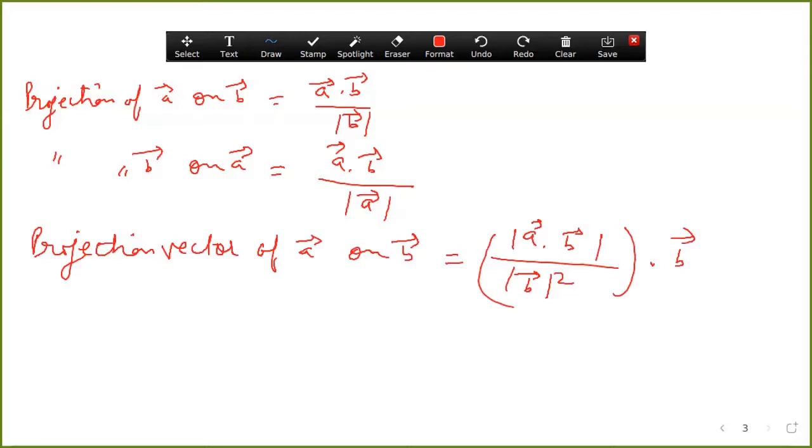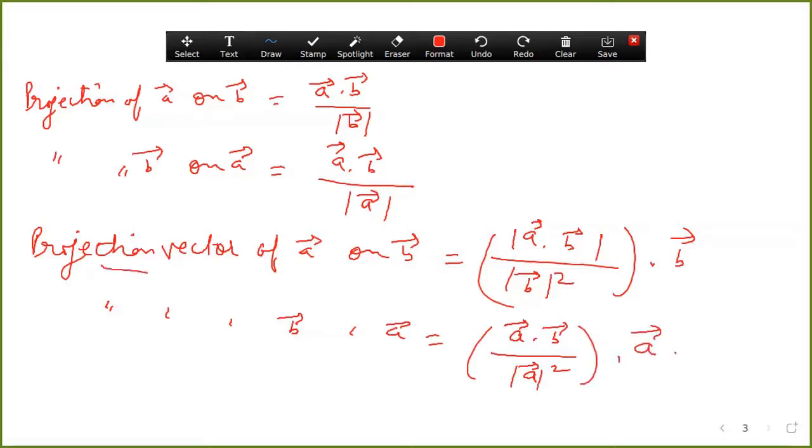If you want the projection vector of B on A, it will be dot product of A and B upon magnitude of A vector square into A vector. This is the projection vector.